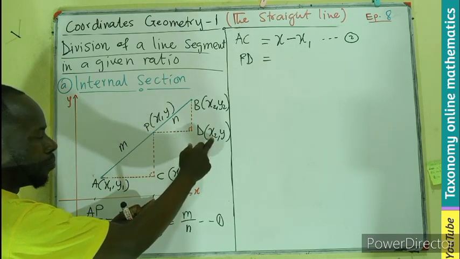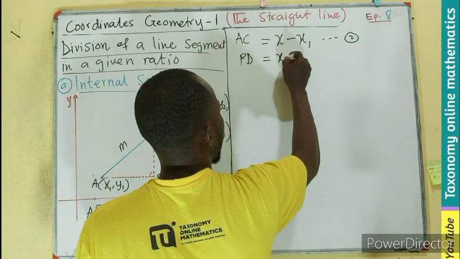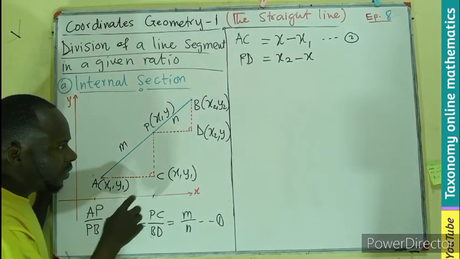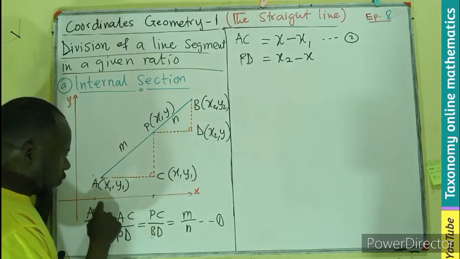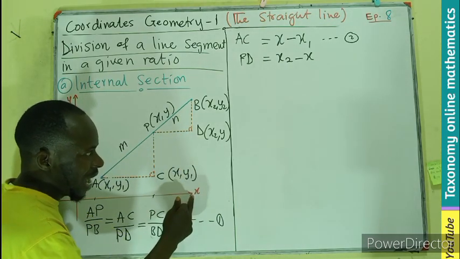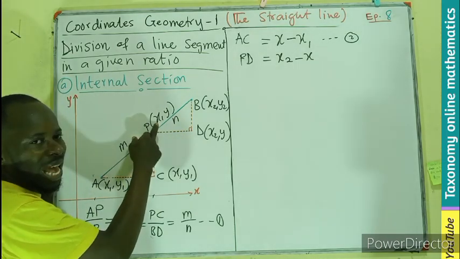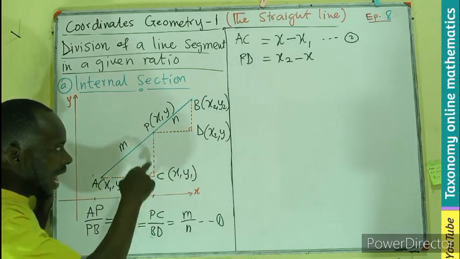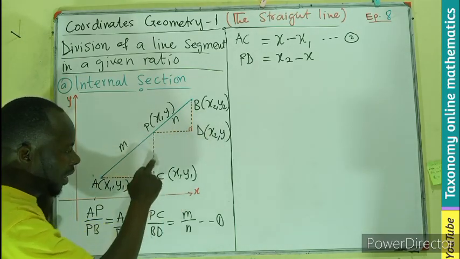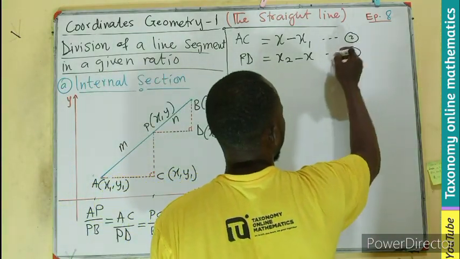So x2 minus x. Let's check it again. We are looking at x2 as the highest point, then the middle point here is x. That is why we began from x minus x1. Then we have x2 minus x. So we can see that as equation 3.